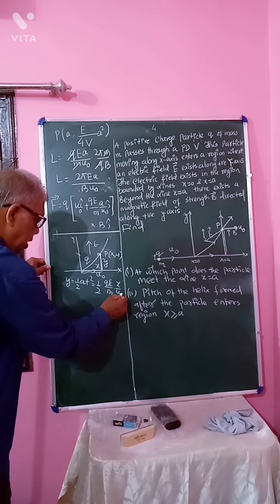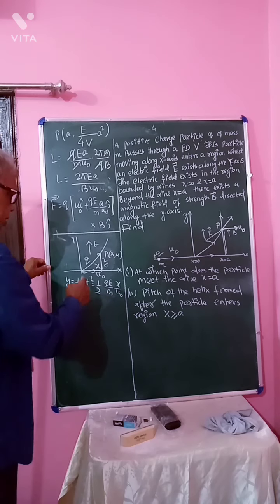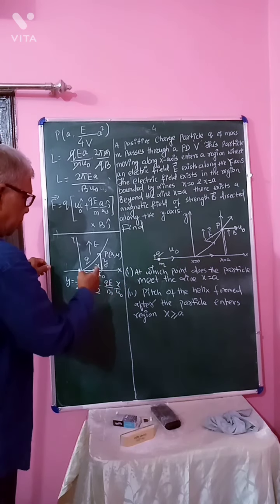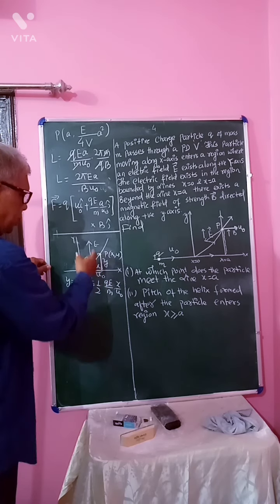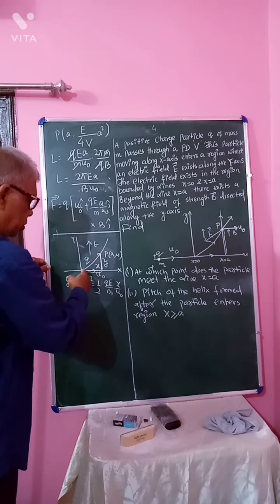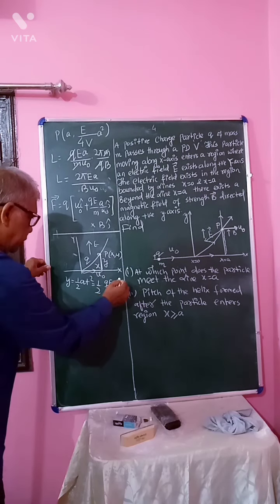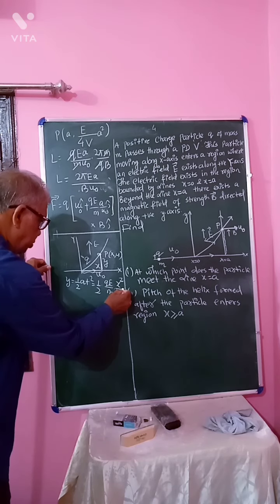The motion along x-axis is uniform because there is a force acting on the charged particle only in the vertical direction, say y direction. So this is the uniform motion, and t square equals x square by u0 square.